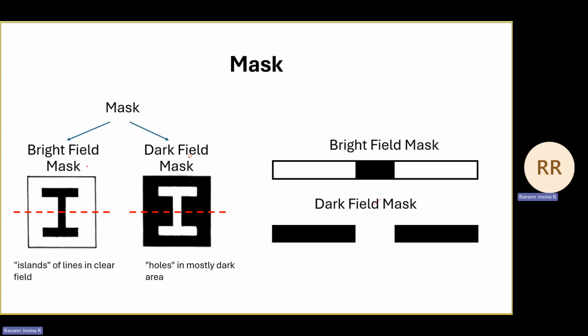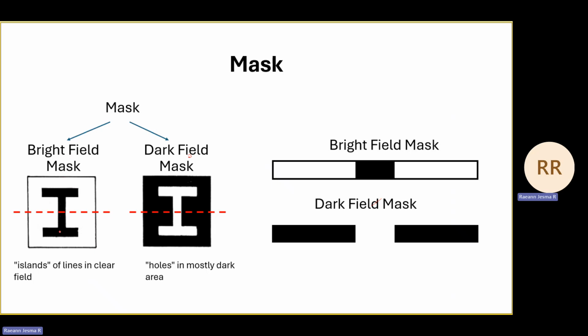Depending on whether we have some opaque patterns in a large transparent mask, or some small transparent regions in the midst of a large opaque region, we can classify the mask into bright field mask or dark field mask.